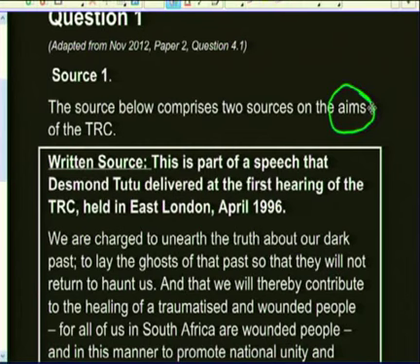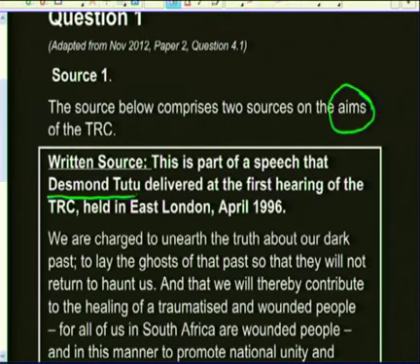So reading captions in history is very, very important. If you look at that caption, it gives you the context of the source, because later on you might get a question asking you when the TRC came into being, who was the chairman of the TRC. Already you know that it was Desmond Tutu.